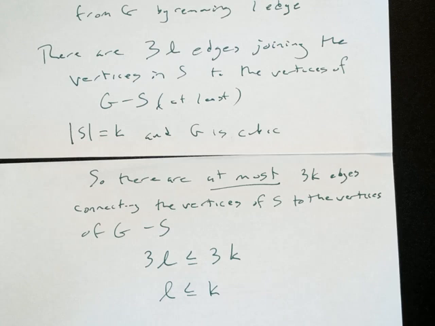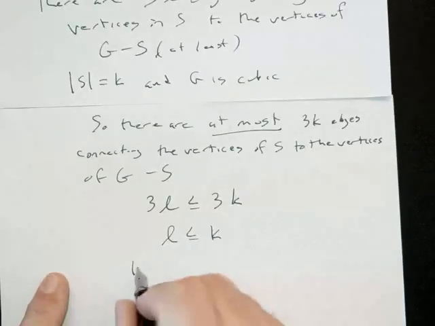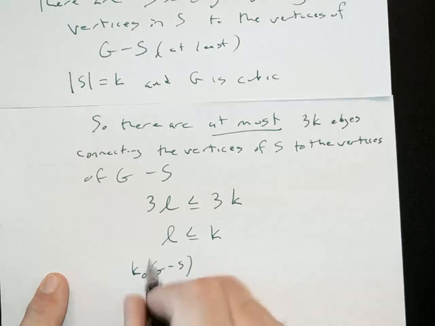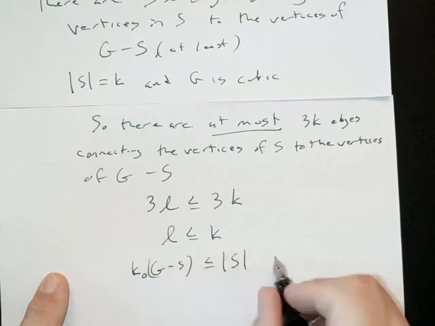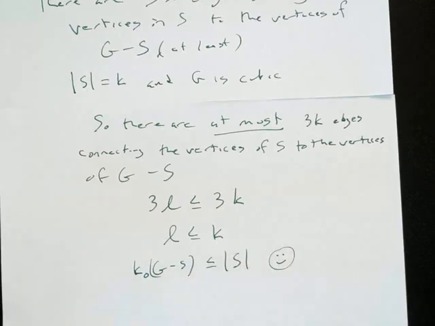What the L? The number of odd components is less than or equal to the number of vertices we took away. By Tutte's theorem, I have a one-factor. I've just satisfied the condition of Tutte's theorem.